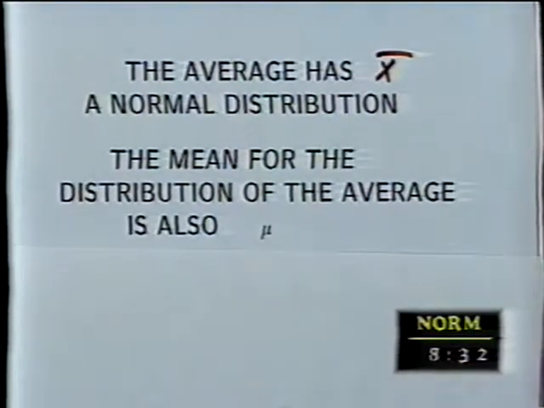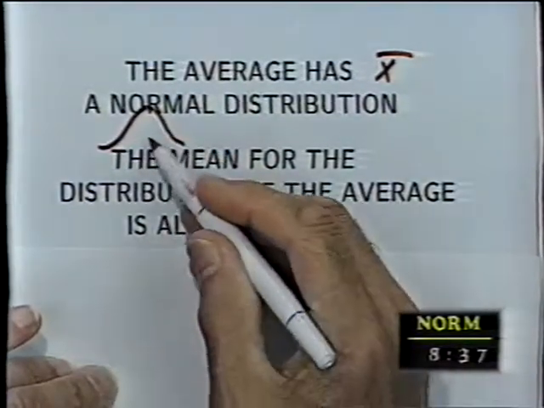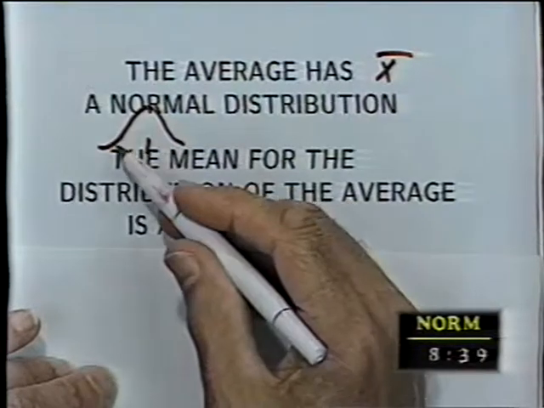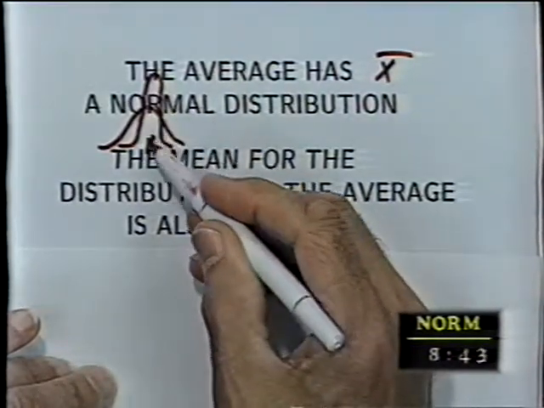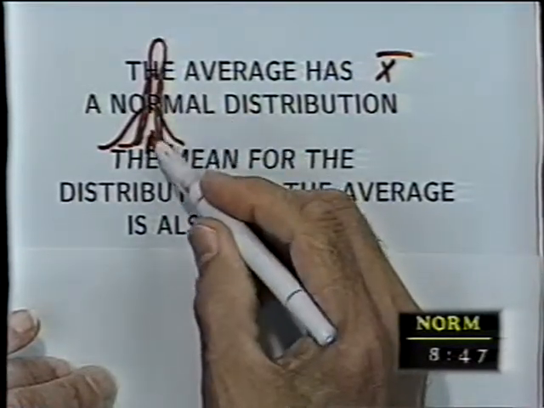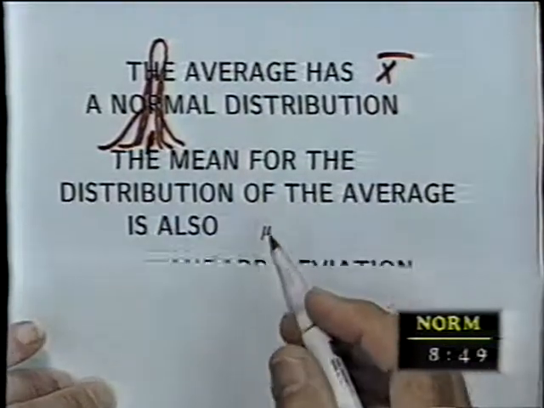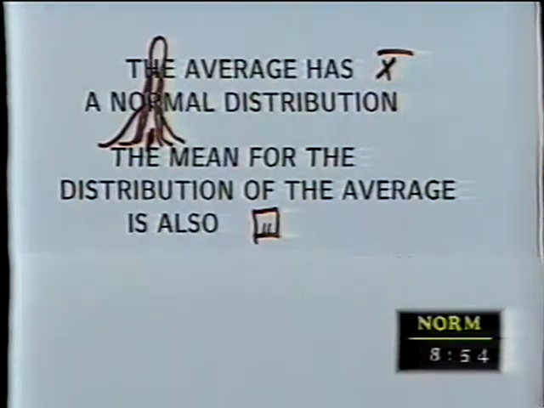How do you know? Well, remember when we saw the pictures, we started out with something, it really didn't matter what it was, and we had a center to it, and then it shrunk around it. Always the center stayed the same. It was always concentrated around the same expectation, around the same mean.